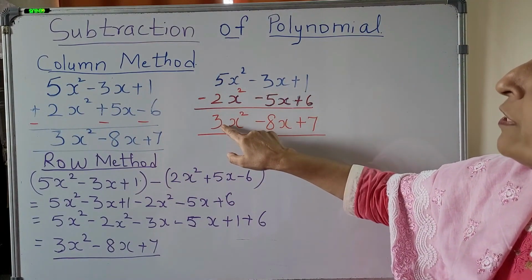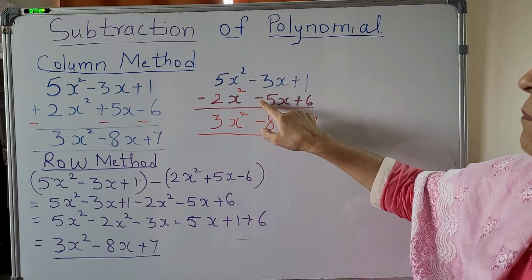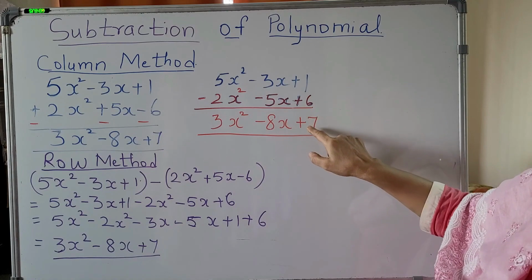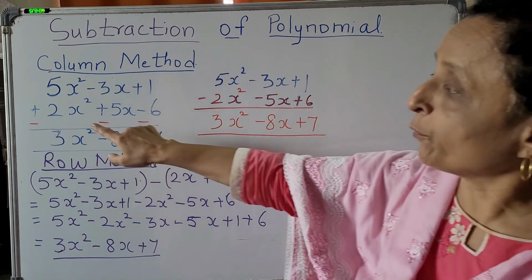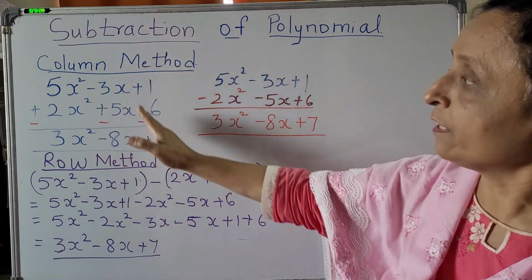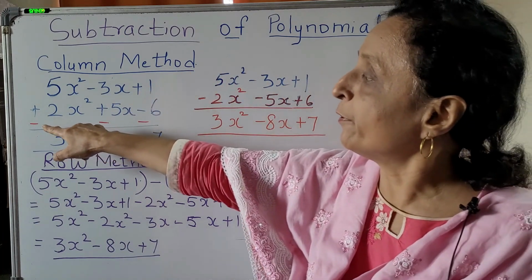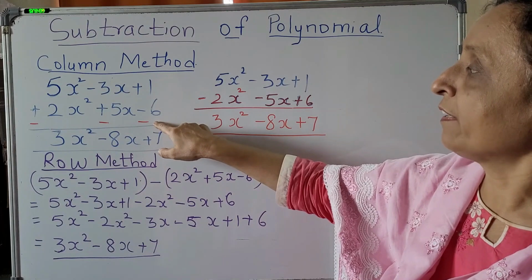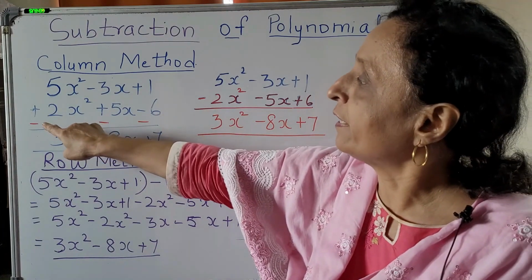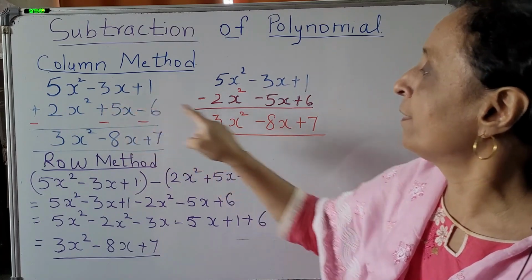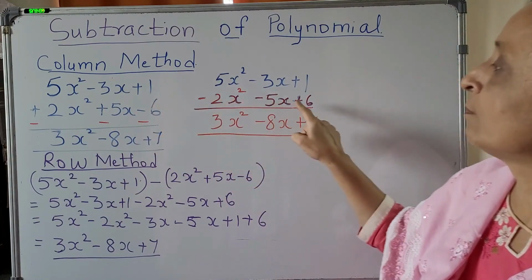5 minus 2 is 3, minus 3 minus 5 is minus 8, and 1 plus 6 is 7. So you have to be very careful. Even in the column method, you do it in two steps. One, you write down the sign, minus sign here, and here you write the final signs: minus plus minus, minus plus minus, minus minus plus.